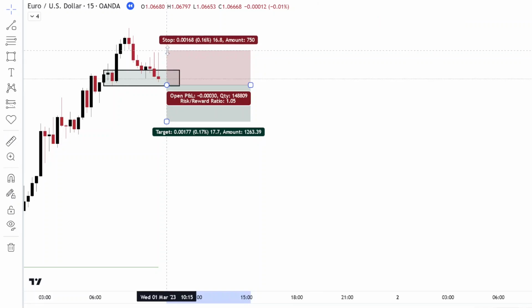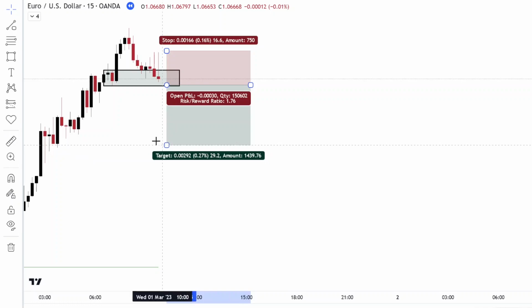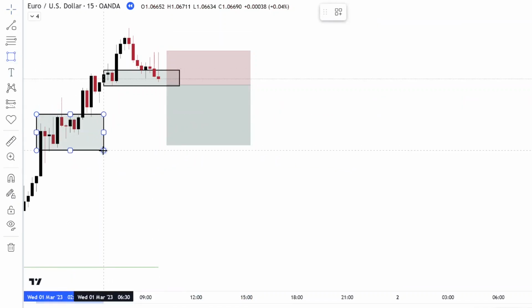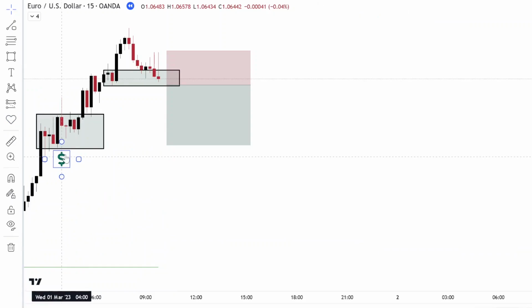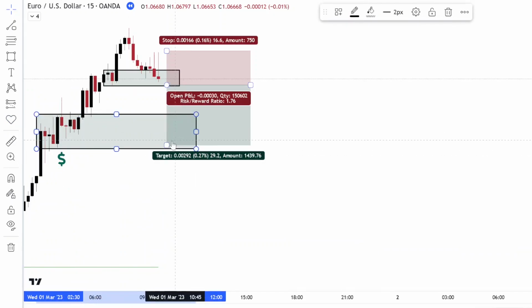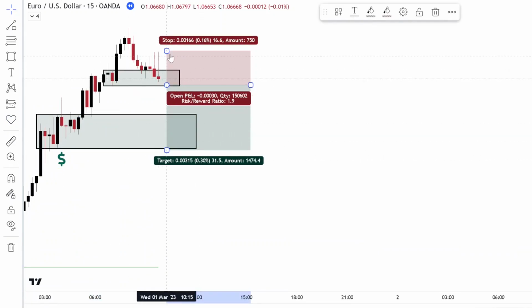You can go short post the reaction, get a 1-to-1, maybe even target this level right here, which is our previous base, and there's a lot of liquidity under this base. Your stop loss would be right above your exhaustion candle, which failed of this institutional candle. That's one way to do it.